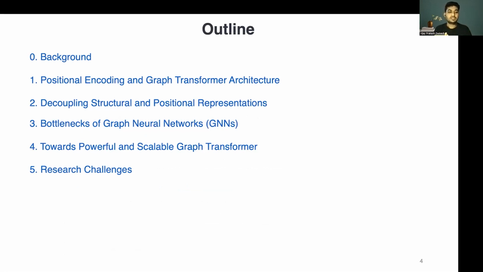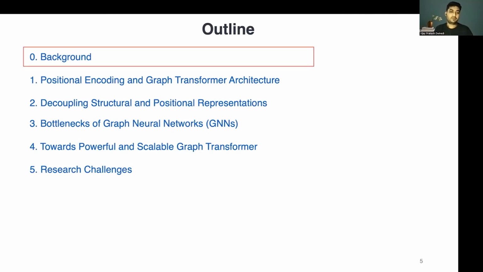After that, I'll introduce some of the bottlenecks of graph neural networks, which motivates further the development of graph transformers. And it will lead towards a scalable graph transformer framework, which converges many of the ideas in the field that we developed earlier, but also at the same time were developed by the community at large. And finally, I'll outline some of the research challenges and trends for this field as well.